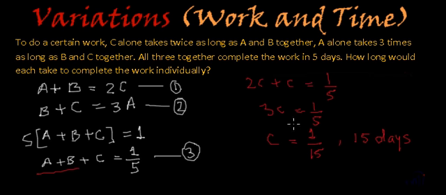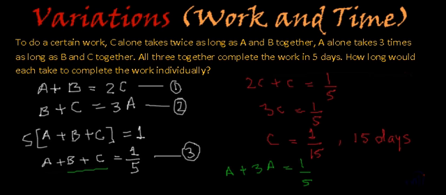Right? And now let's have a look at the second equation, where B plus C equals 3A. So here we have B plus C, and if we replace this by 3A, then we will get A plus 3A equals 1/5, right?